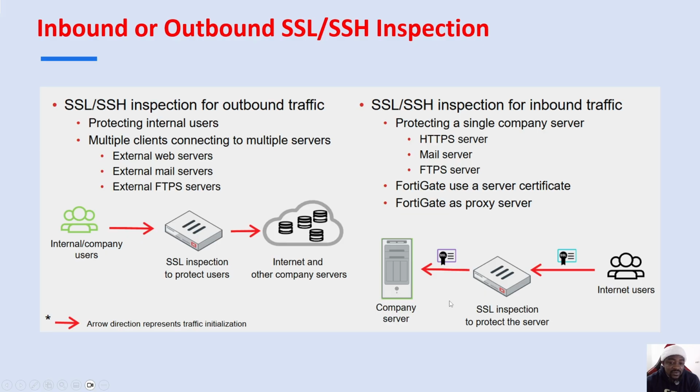On the other hand, you have the SSL inspection for inbound traffic. This is used when, for example, in your company you have a company server, which can be an HTTPS server, web server, or a mail server, that you want external users, meaning internet users, to access. In another video we did virtual IPs, where we saw how to configure an internal server so that people outside of our company can get access to it.